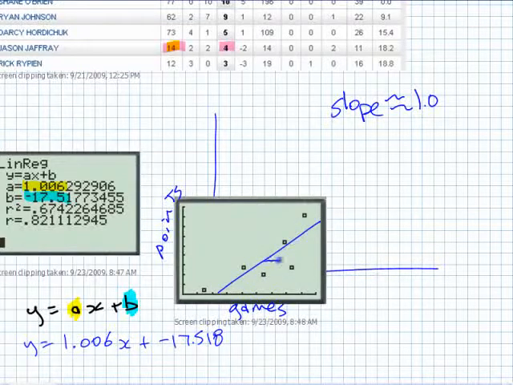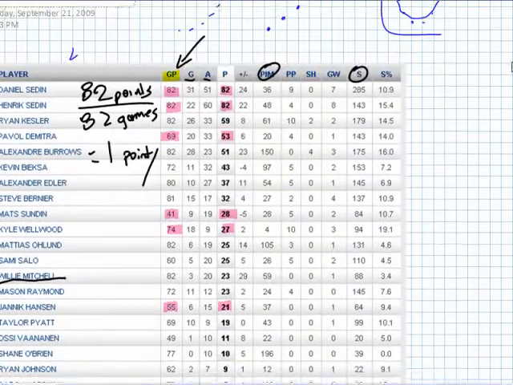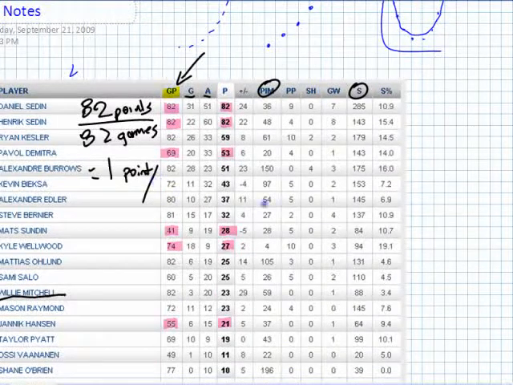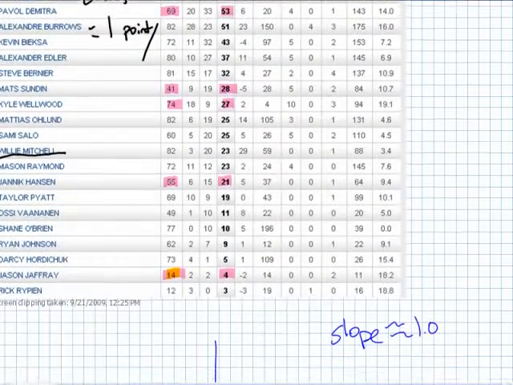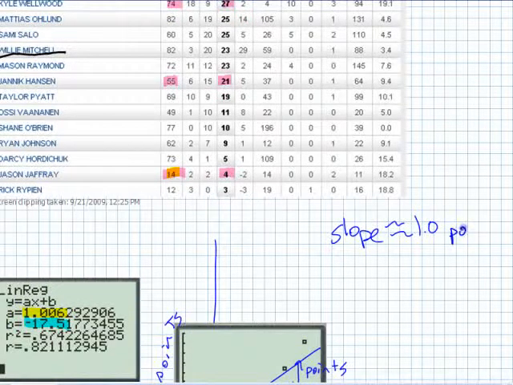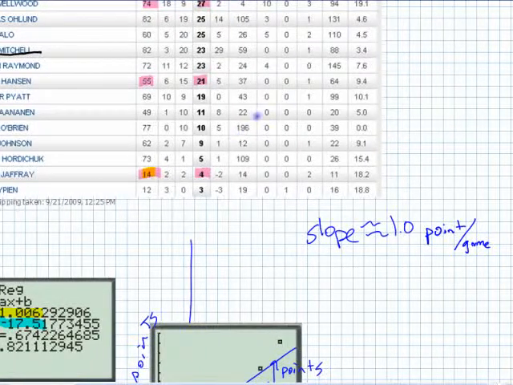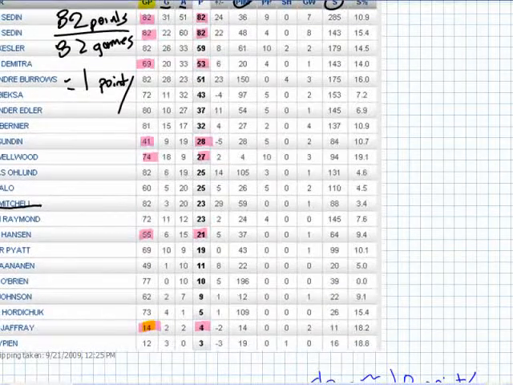It's saying that if you go over a certain number of games, you go up a certain number of points. It's the same as what we used up here. I erased half of it, but it's points per game. 1 point per game, roughly. That's the average scoring for all the players we just put in, not just for the couple that we put at the top there.